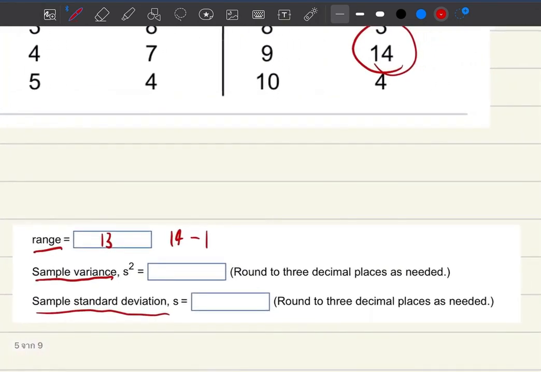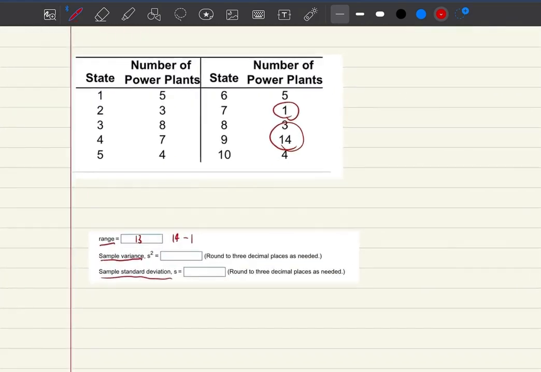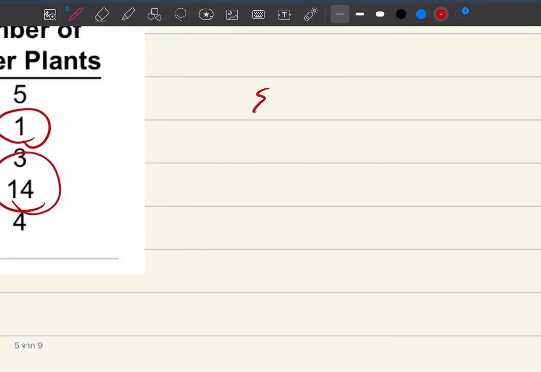The next one is the sample variance. To find the sample variance, the formula is sigma, the given value minus x bar, which is the mean, squared, divided by n minus 1.